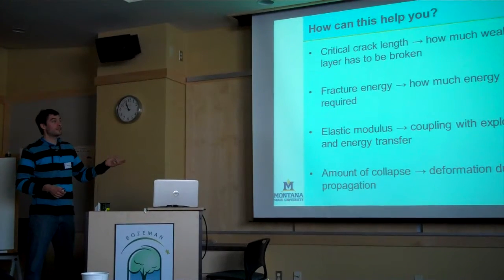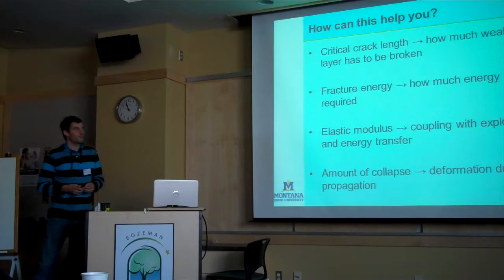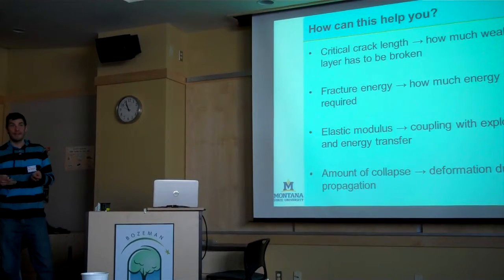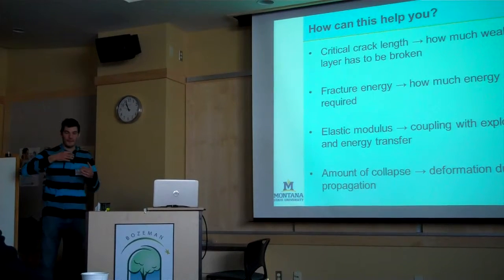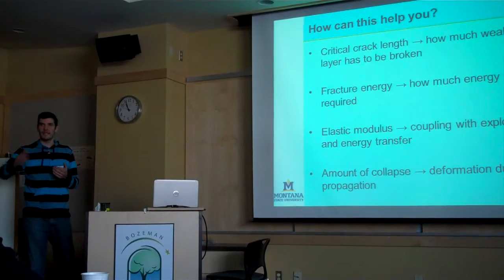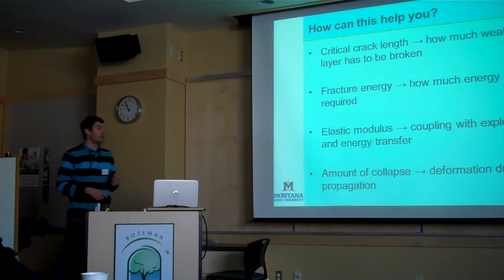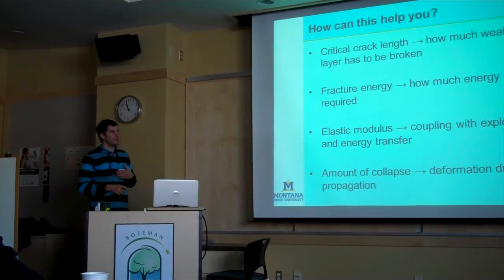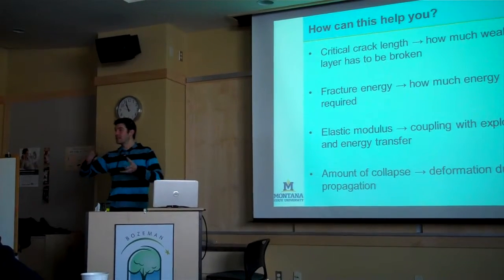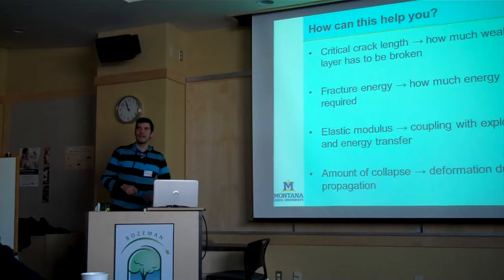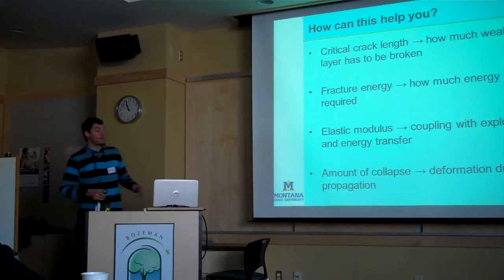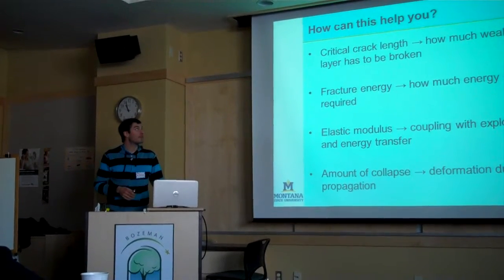Then the elastic modulus of the slab will give you an idea of, first of all, the coupling between your explosive and the snow, and also how well you can transfer that energy through your snow column. And then the amount of collapse is maybe a little less important for the blasting, but it will determine the amount of deformation through the slab during propagation and whether or not it can sustain that, so whether or not you can have fracture propagation.